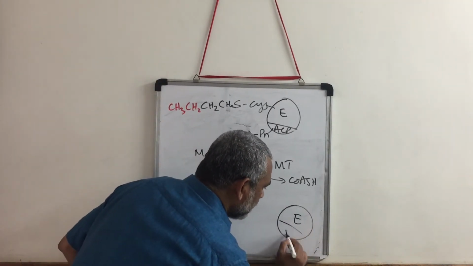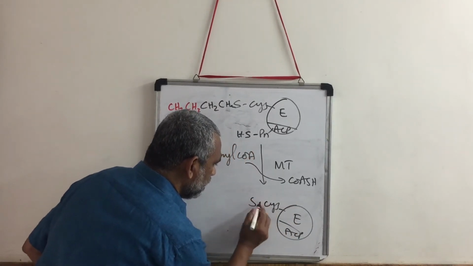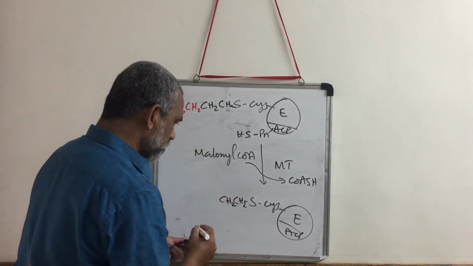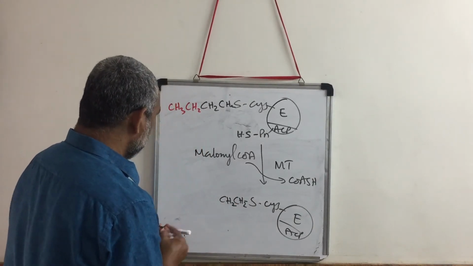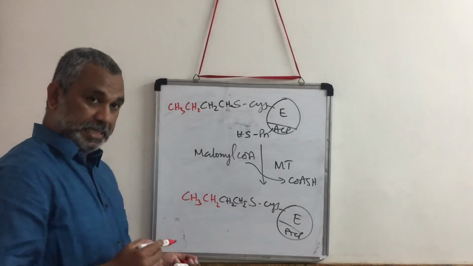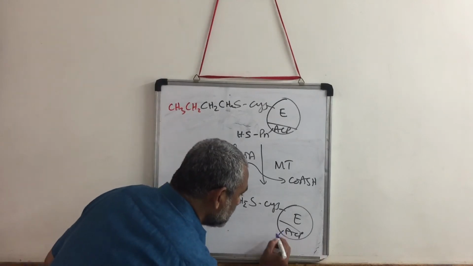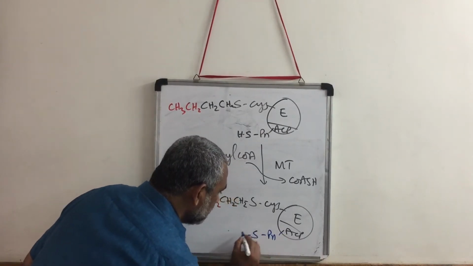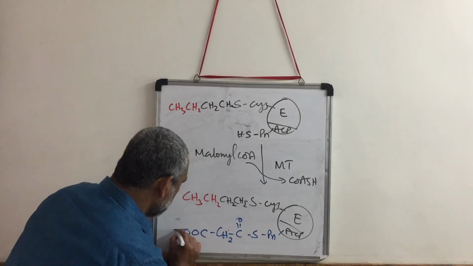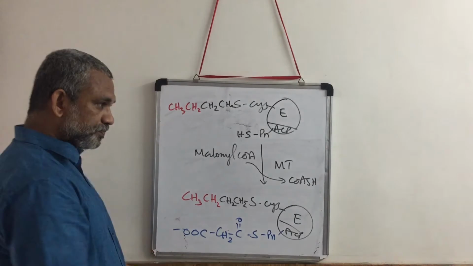So enzyme ACP cysteine S CH2 CH2 CH2 CH3, that was originally there. Now if the next malonyl group is PNS, so the malonyl group is transferred. This is how we all began.